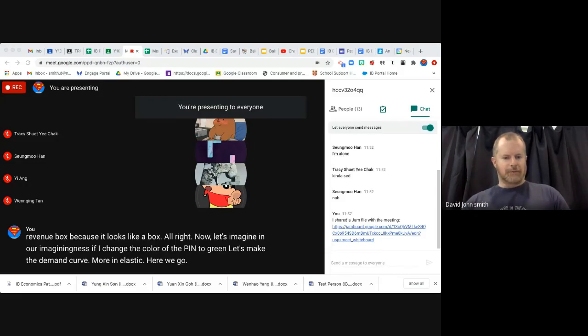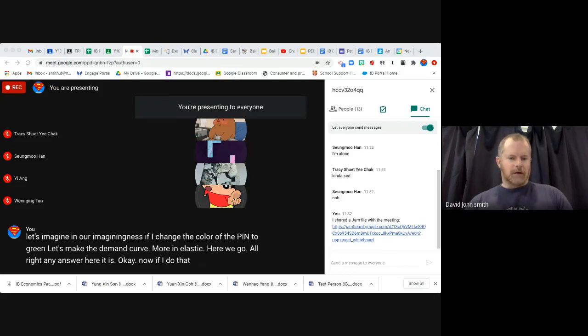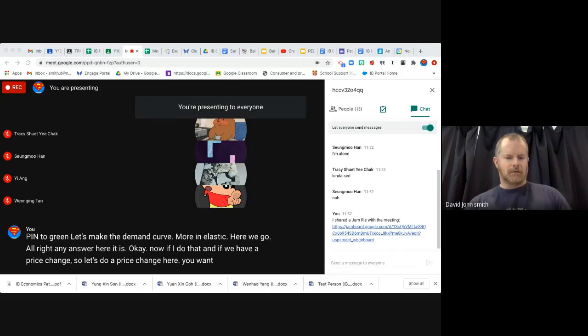Oops, sorry. Inelastic. There it is. Okay. Now, if I do that, and if we have a price change, say E1, then I've drawn this curve in the wrong place.